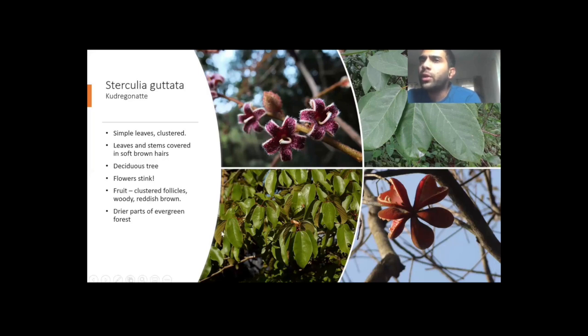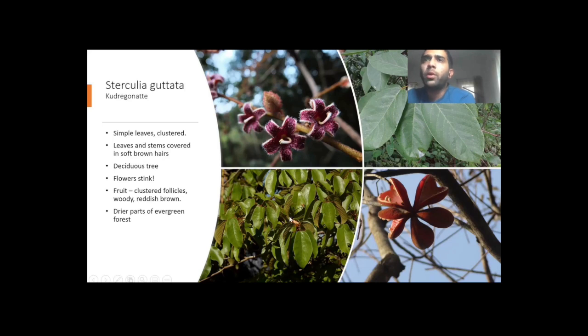The leaf also, if you can see, has this really light brown sort of hair on it. You find these trees on the edges of evergreen forests, or sometimes in slightly drier forests on slopes. You might find them on hill slopes with grasslands, which are on the edge of forests.